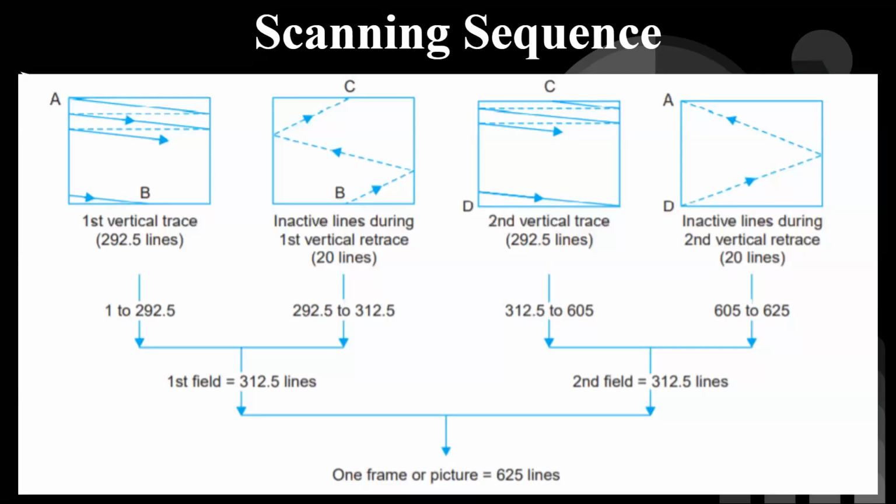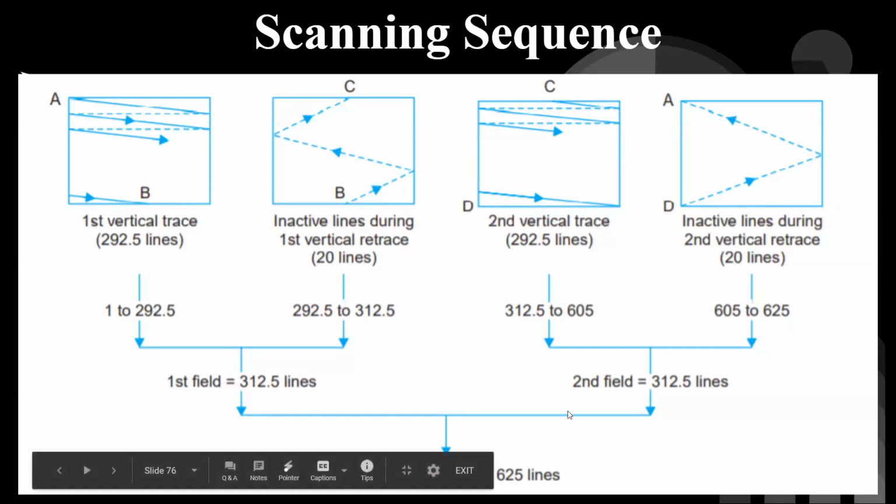So this picture indicates a scanning sequence. The total 625 lines system is split into odd and even fields. So for the odd field, 312.5 lines are separated. The rest of the field is allocated 312.5.